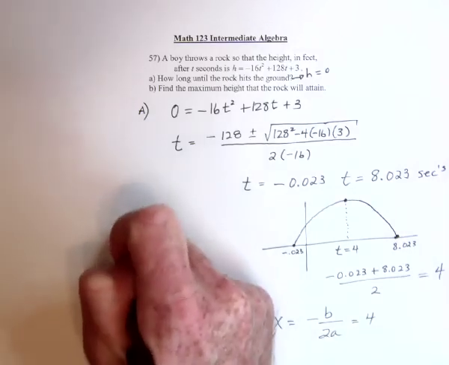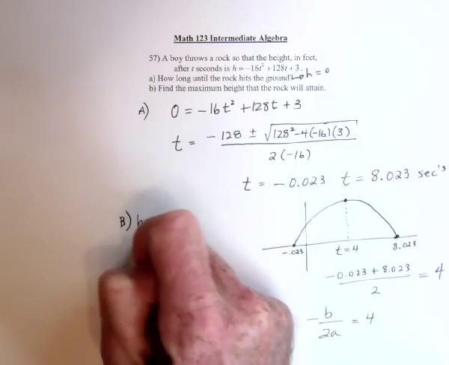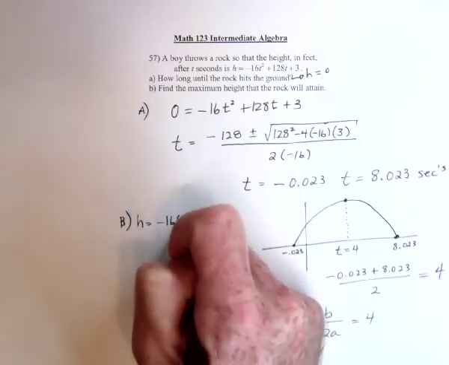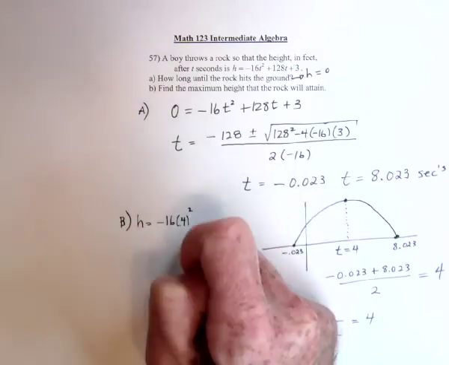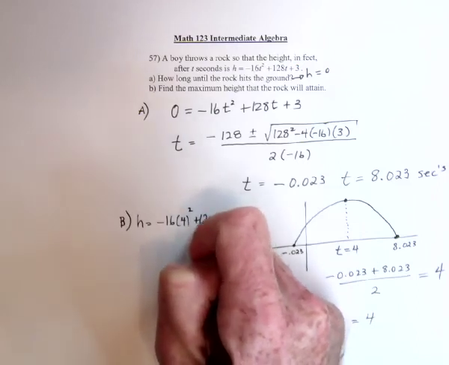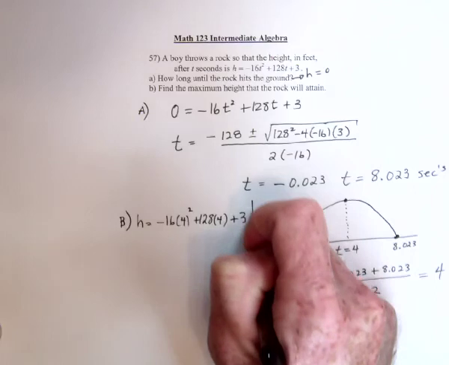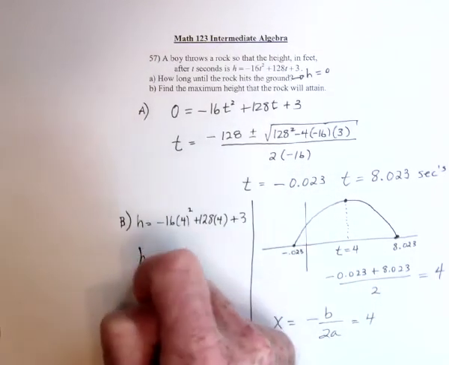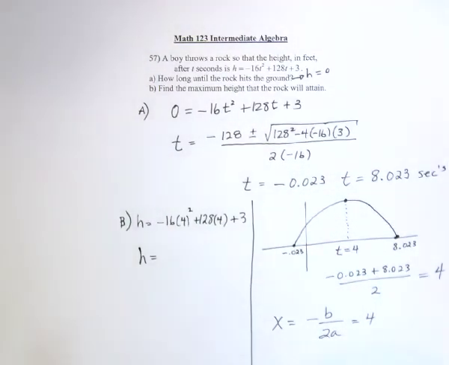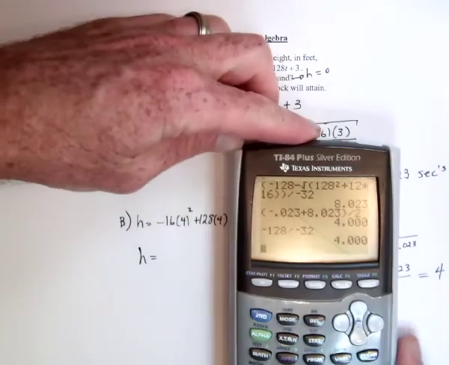So for part B, it's going to be the height will equal negative 16 times 4 squared plus 128 times 4 plus 3.